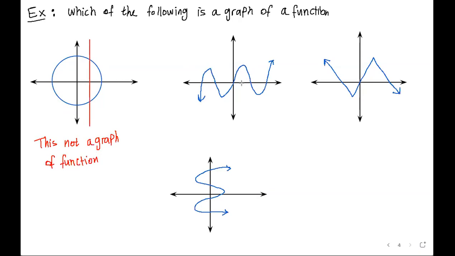Second one, who will do the second one? This one? That is a graph of a function. Yes. Why? Because when you do the vertical line test, it touches only one point. Thank you, Mobin. Exactly. So by using the vertical line test, the red line, we see that at every point the line intersects the curve at only 1 point.